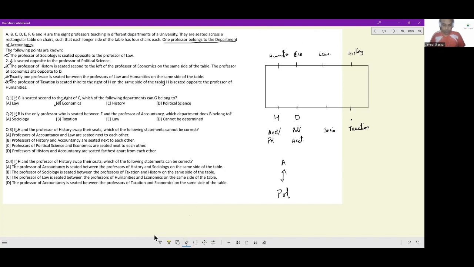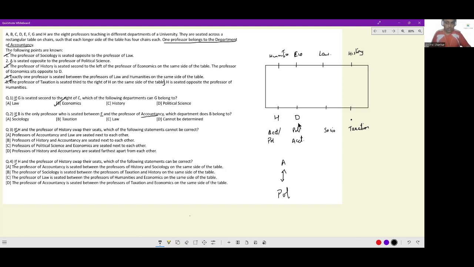Okay. Next question now. If B is the only professor who is seated between F and the professor of accountancy. Now see, if H had been the professor of accountancy, it must be adjacent to B, but because H is not adjacent to B, H cannot be the professor of accountancy.